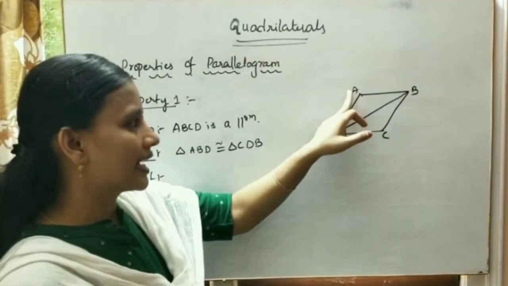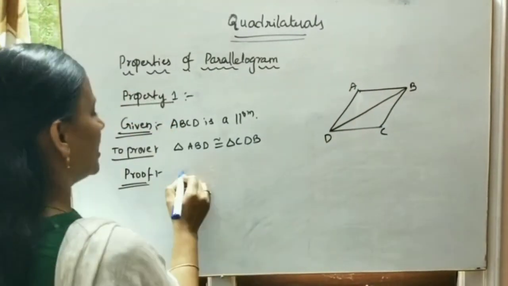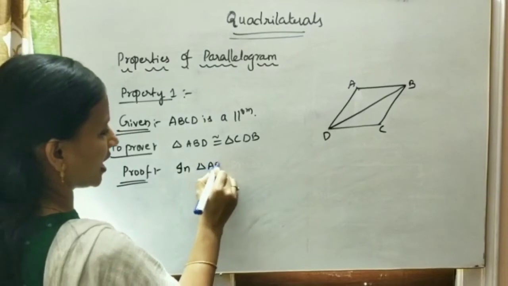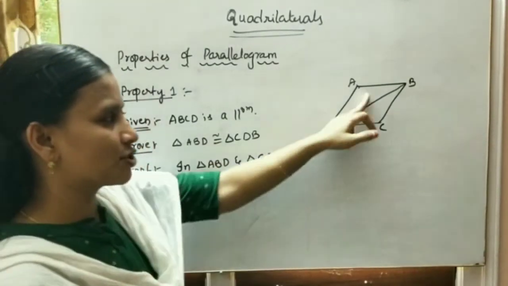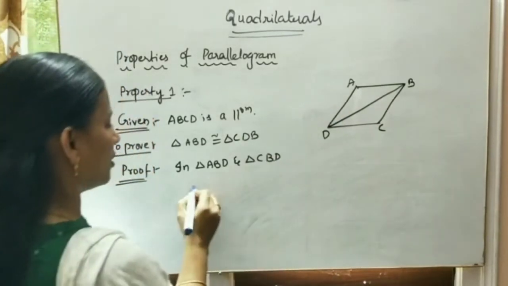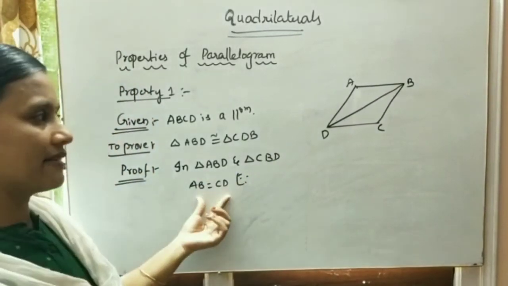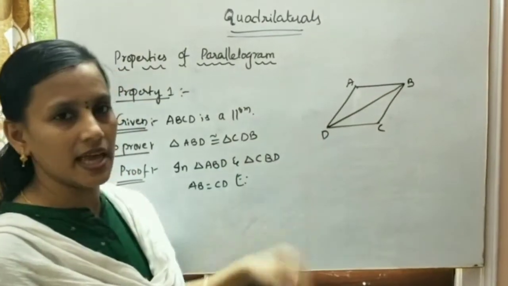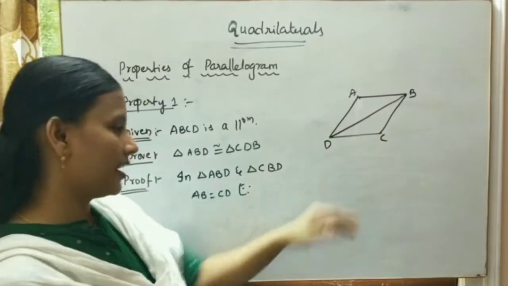So in triangle ABD and in triangle CBD, take those two triangles. In these two triangles, we already know AB is equal to CD. Already we know ABCD is a parallelogram. If it is a parallelogram, then opposite sides are equal.